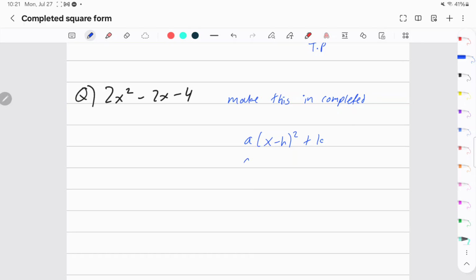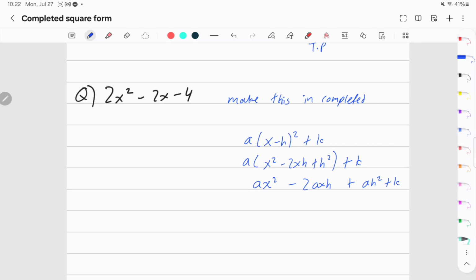Now if I start expanding this, I'll see that this becomes x squared minus 2xh plus h squared plus k. If I further expand, I get ax squared minus 2axh plus ah squared plus k.